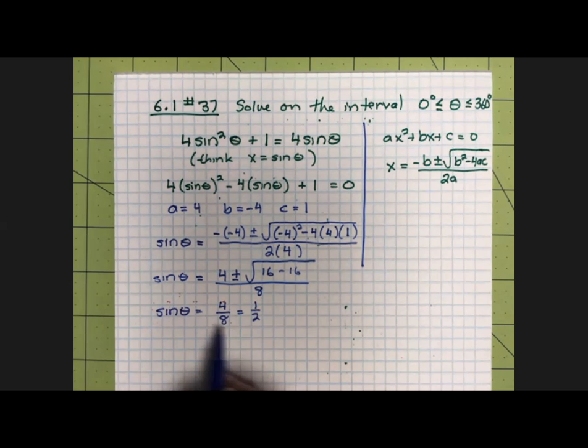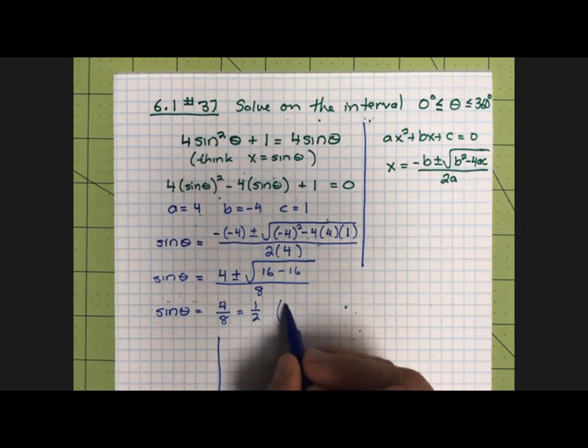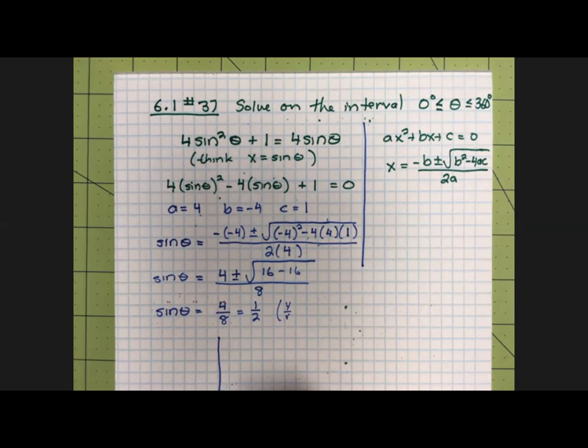Now that is not a fancy estimate with calculator problem. We can pull out a calculator, but I can draw the angles that have sine 1/2. I know them because they're famous. Sine 1/2, y over r. That means up 1, radius 2.